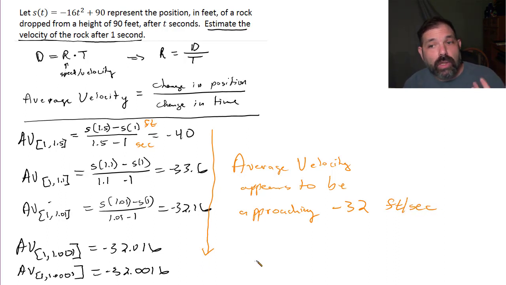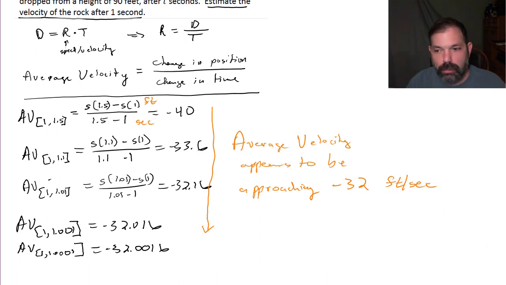Now, of course, we can also do this in the other direction. What if, instead of starting at 1 and thinking from the right and getting closer to the 1, what if we kept the 1, then started from the left and got closer to 1? Let's verify this. Let's make sure that it's reasonable.